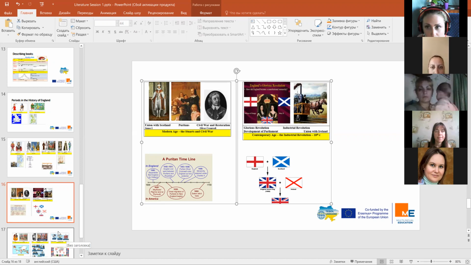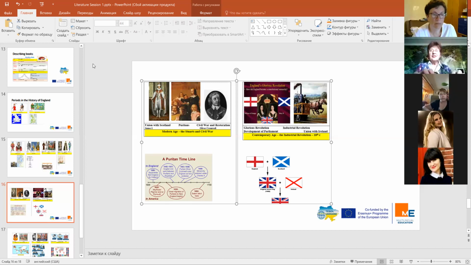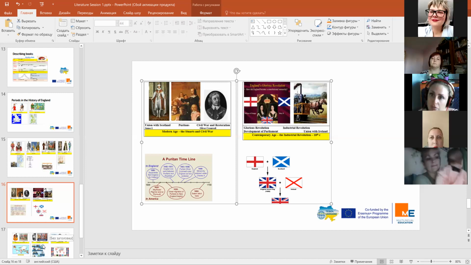Very good. The Victorian age is coming, it's our next slide. Plus, the Industrial Revolution caused a lot of air pollution in London itself. Absolutely. So probably it was the first time when people had faced such a problem.